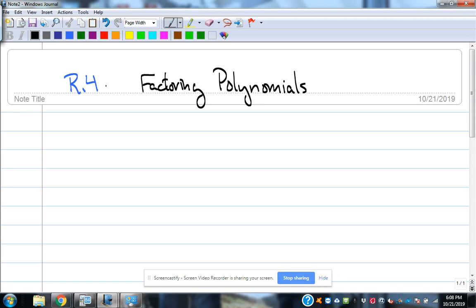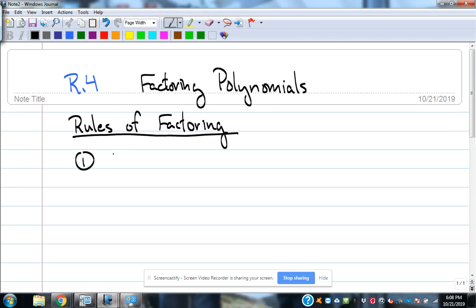So when you're doing factoring, I have this thing I call the rules of factoring, and it can help us know how to approach a problem and how to work with that. So the rules of factoring, the way that I teach it, the first thing you want to do is have the problem in descending order.